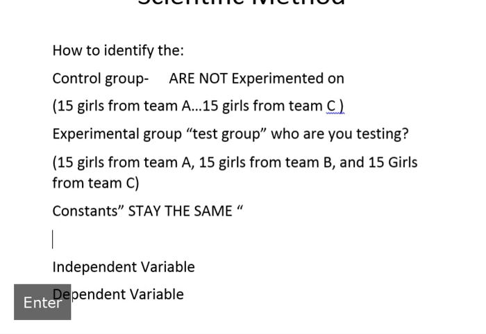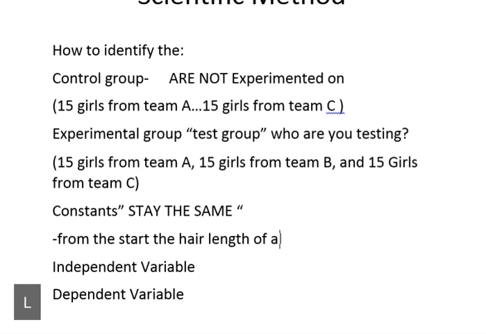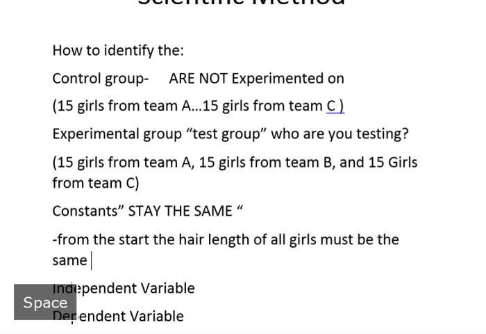Well, the first thing is, from the start, the hair length of all girls must be the same. Okay? So the hair length of all of the girls must be the same.